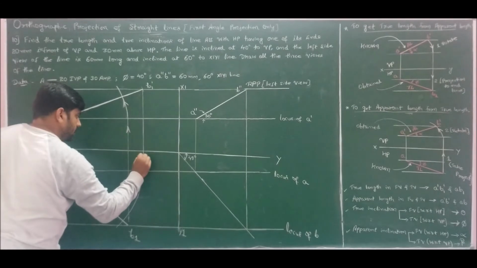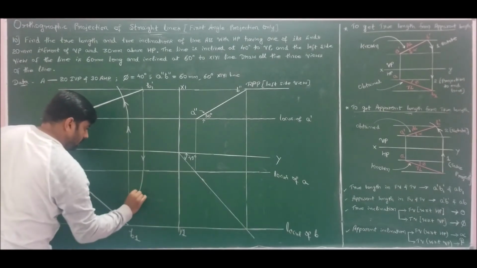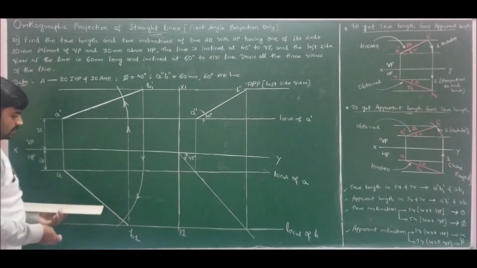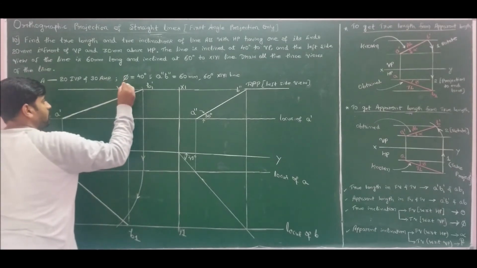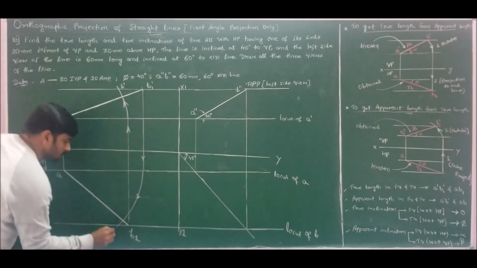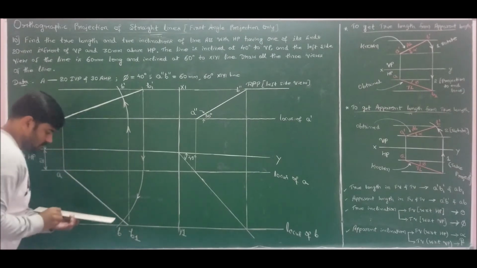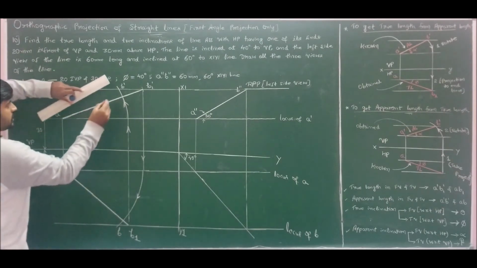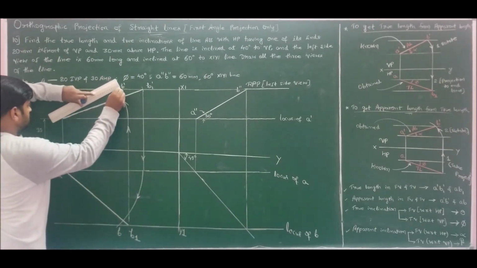So here also we have taken the projection and then rotated it. So thereby I have extracted the points B dash and B. Now joining which I will get the apparent dimensions.